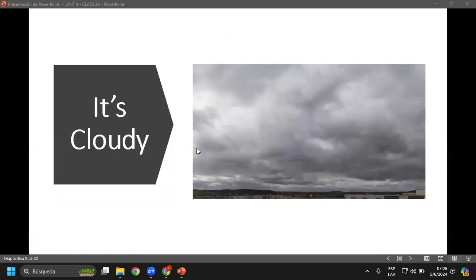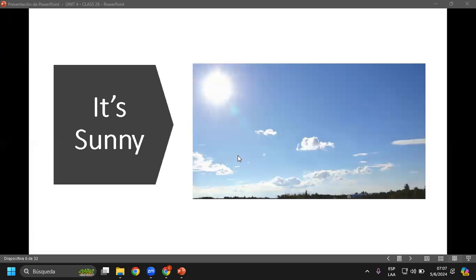For example, look at this picture. So if I ask you, hey, how's the weather? You can say it's cloudy. I'm sorry? Nublado. Yes, that's the one. So look at the opposite.